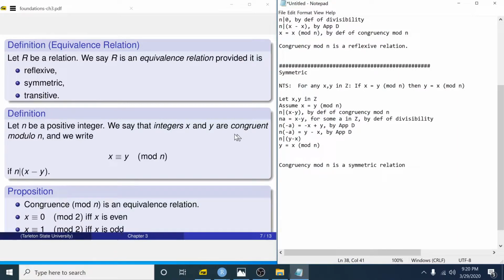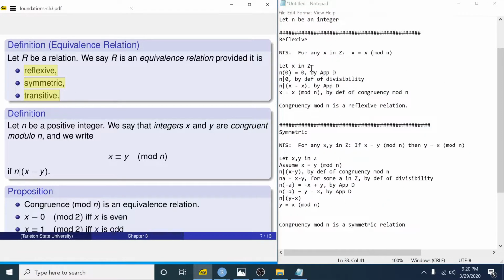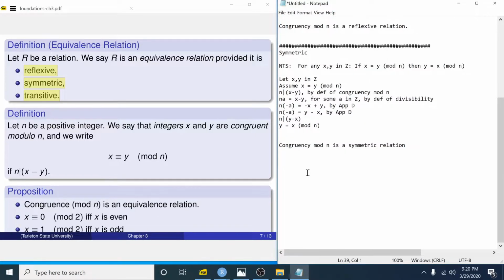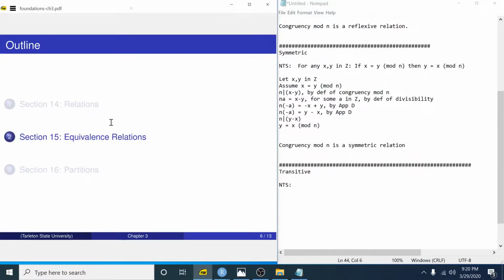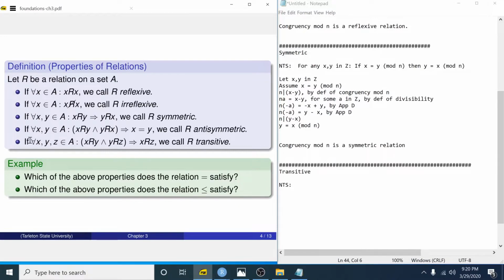All right, so again, our goal here is we want to prove reflexive, symmetric, and transitive. So far, we've done reflexive and symmetric. Let's look at transitive. Okay. So for transitive, we need to show, and again, if you ever forget, we can just go back, right? So transitive says that if we take 3 arbitrary elements of our domain, so in other words, for any x, y, z, and again, we got to keep in mind, our domain right now is the integers, right?